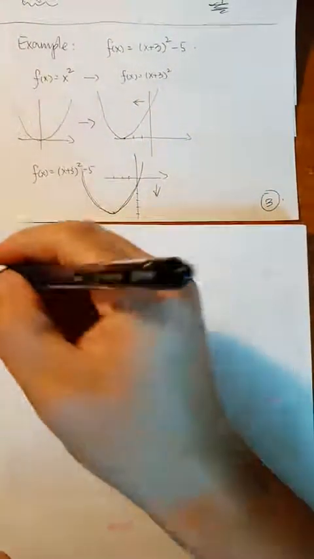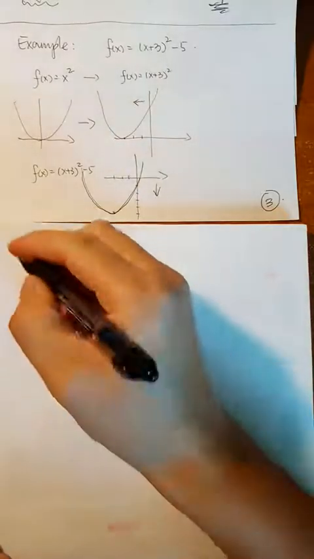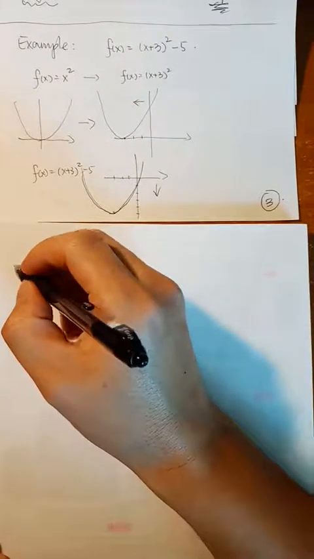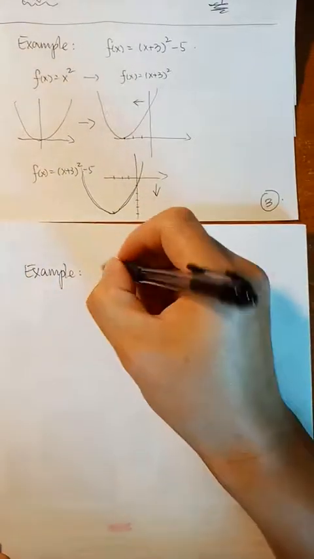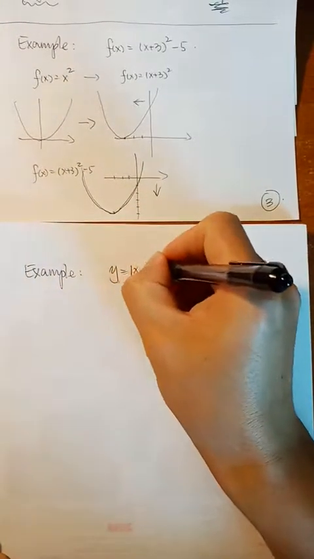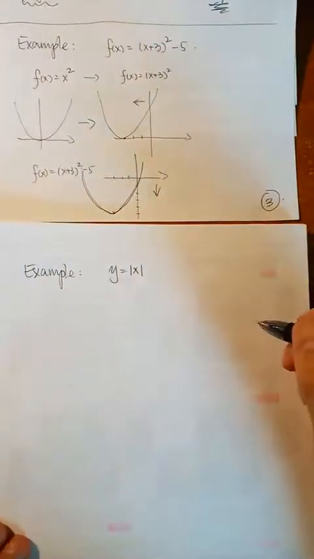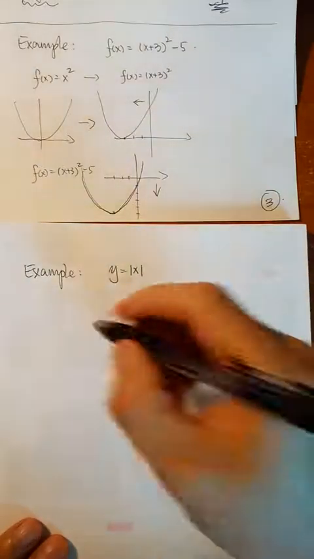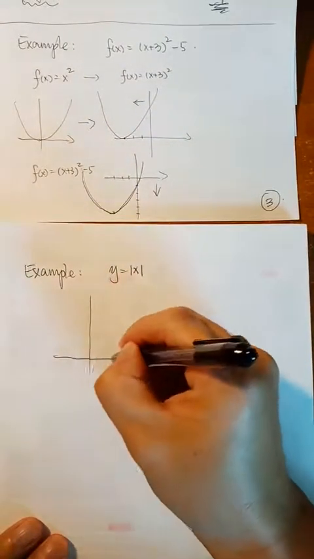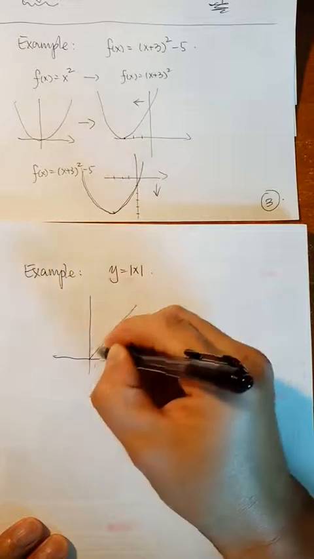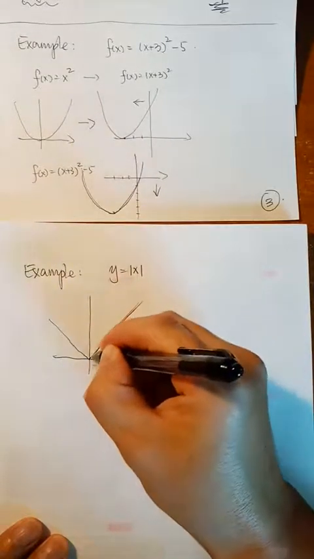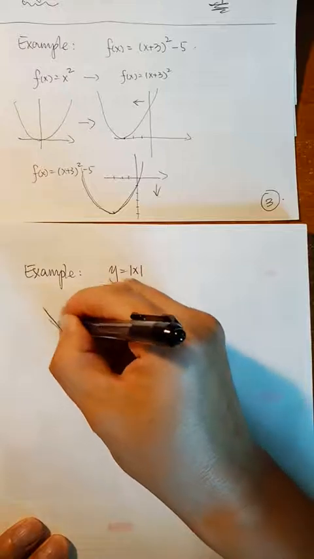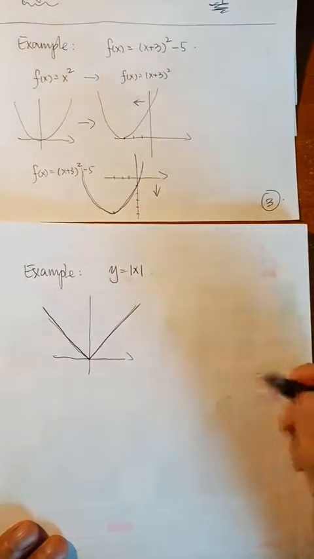Now we are going to stretch it, okay? For example, we have the absolute value function. The absolute value function has a graph like this. You have two diagonals, the diagonal of the first quadrant and the diagonal of the second quadrant. This is the graph y equal to |x|.